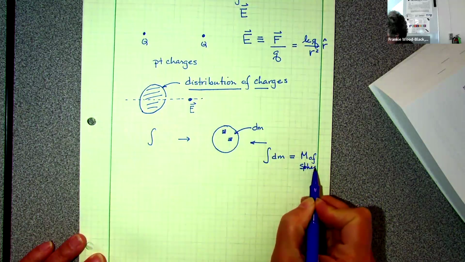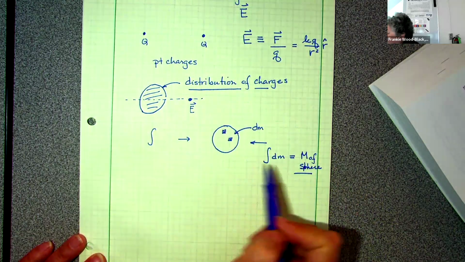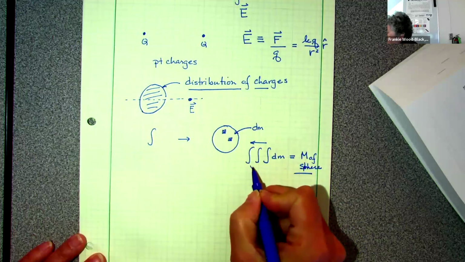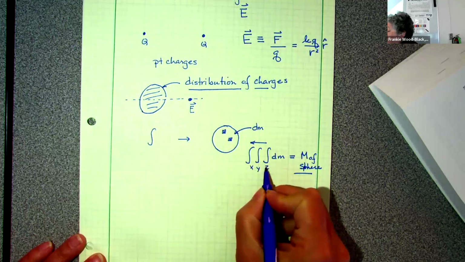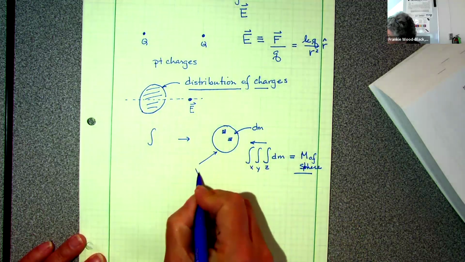And this one, of course, is going to be a triple integral because you're going to do it over the x axis, the y axis, and the z axis because you're looking at a volume.